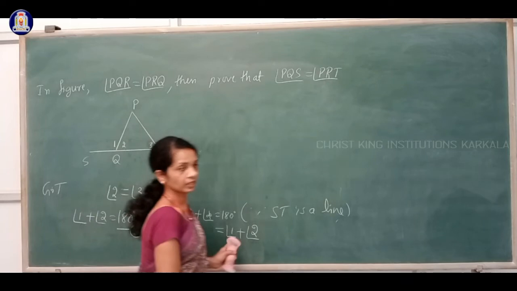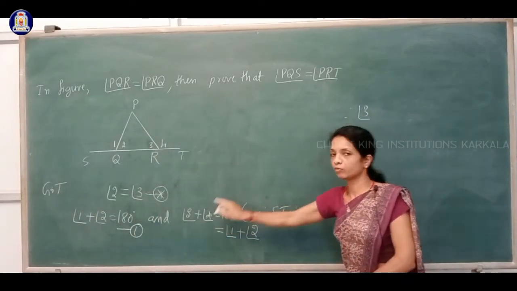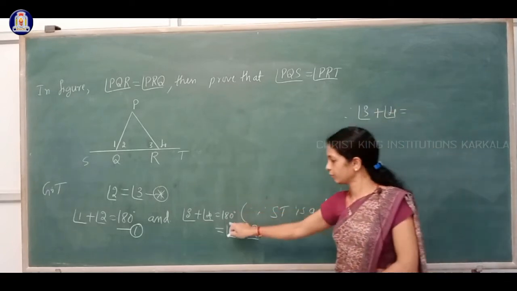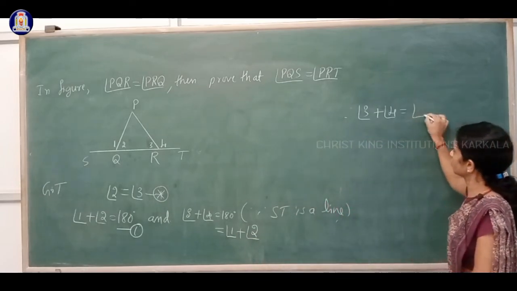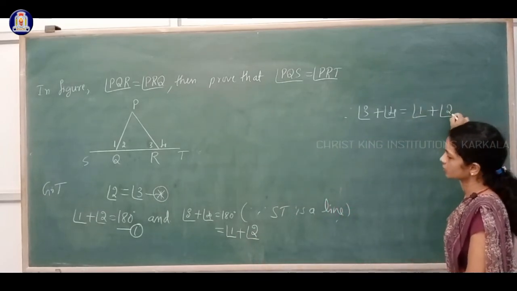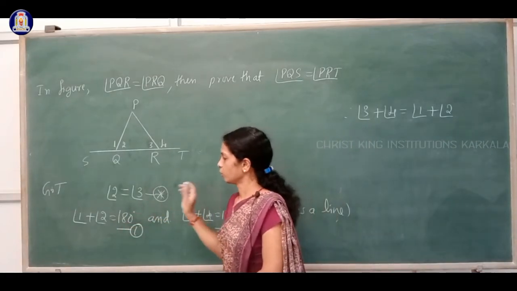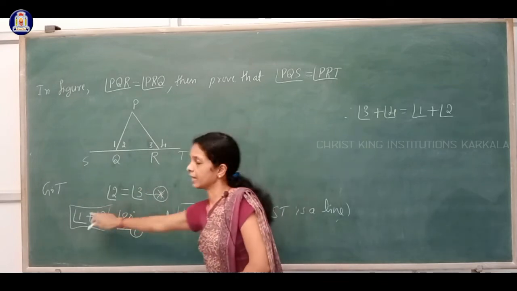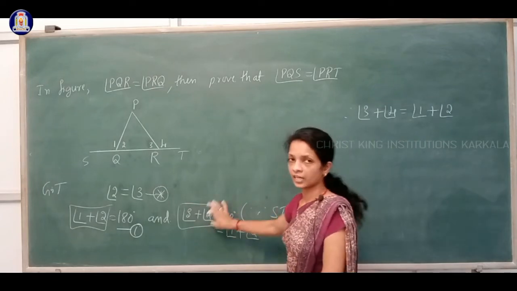Therefore angle 3 plus angle 4 is equal to 180, and that 180 is equal to angle 1 plus angle 2. Since these two have the same right hand side, we can equate their left hand sides. That is, angle 1 plus angle 2 is equal to angle 3 plus angle 4.